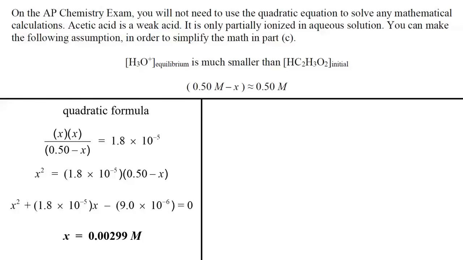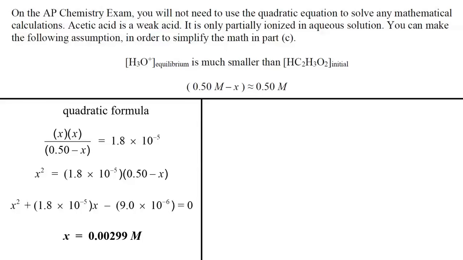As a weak acid, it is only partially ionized in aqueous solution. Now, you can make the following assumption in order to simplify the math in part C. If X, which is the concentration of the hydronium ion at equilibrium, is much smaller than the initial concentration of acetic acid, which was 0.50 molar, then the assumption that we make to simplify the math is that 0.50 molar minus X is approximately equal to 0.50 molar.